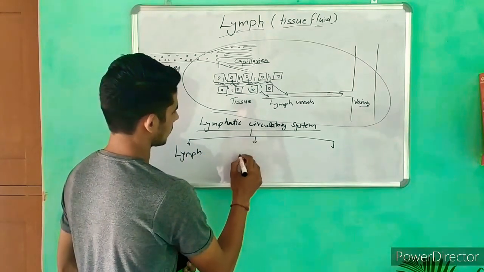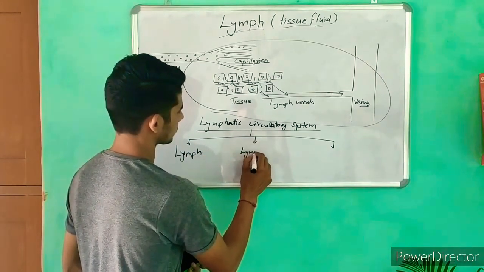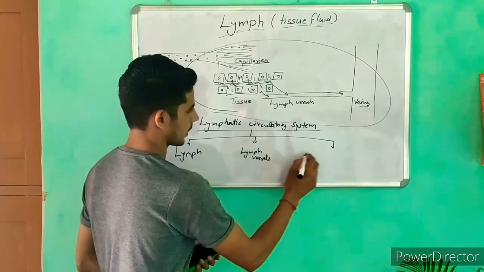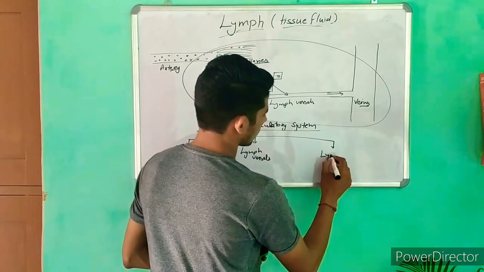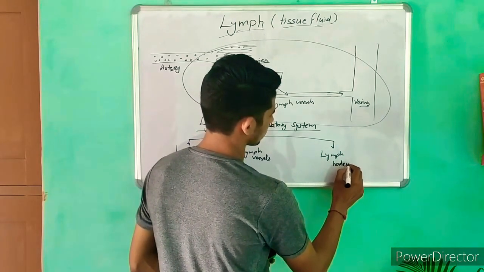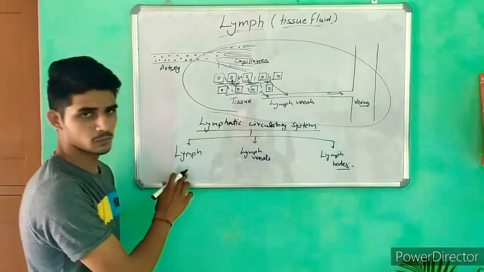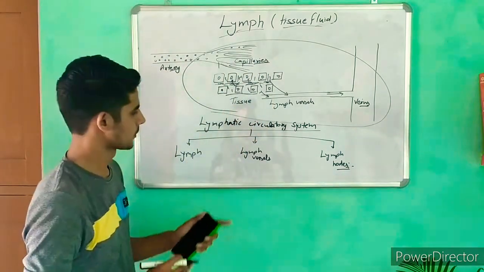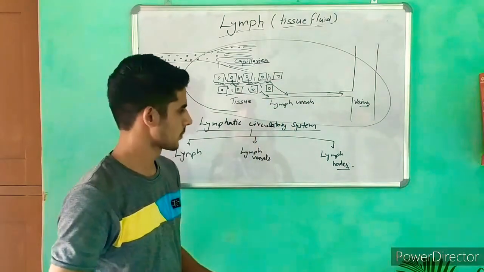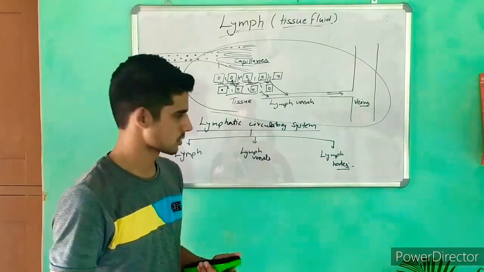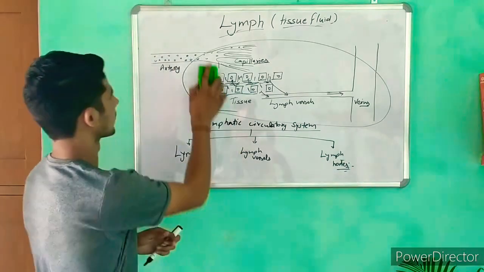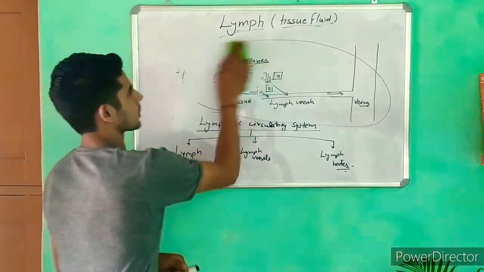Other are lymph vessels and lymph nodes. Lymph is discussed there. Lymph vessels transport the tissue fluid to the major veins, and here we are going to discuss lymph nodes. What are the lymph nodes and what are their functions?